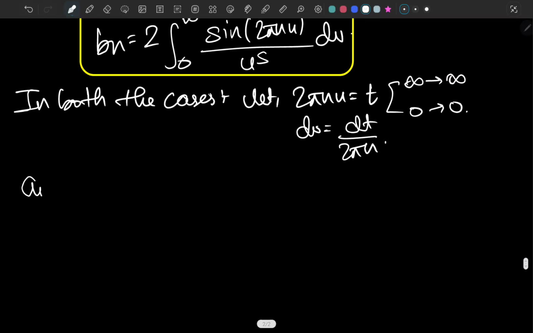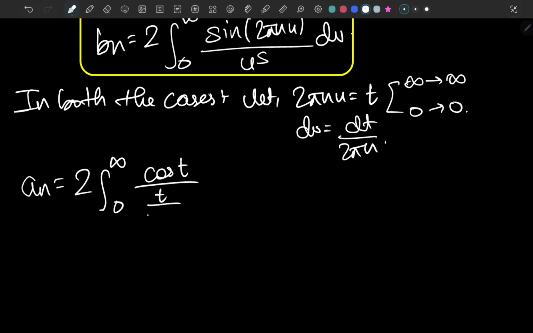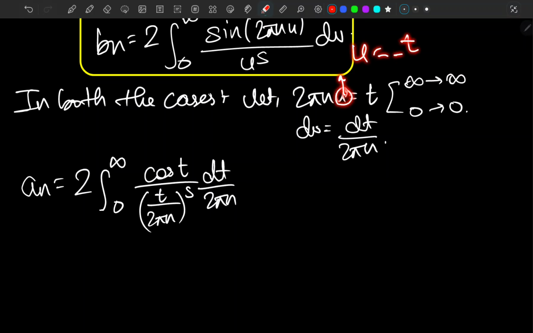So basically a sub n is going to be, wait a second, we had a factor of 2 as well, 2 times the integral from 0 to infinity of cosine of t over (t over 2 pi n) to the s, dt over 2 pi n, right? Well, since we can consider isolating u from here, it's going to give us u equals t over 2 pi n, right?